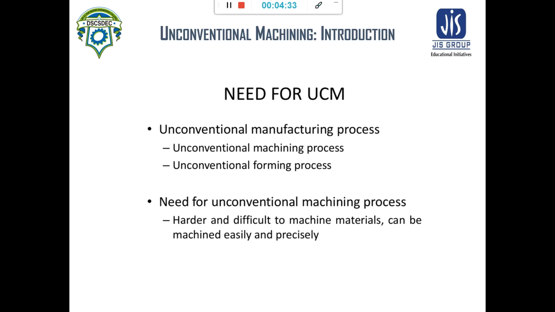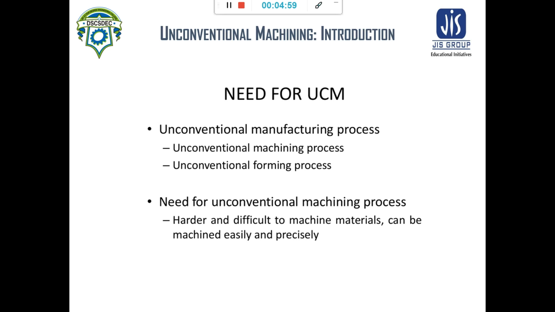For machining, indentation is important, and that indentation is only possible if the indenter is harder than the workpiece material. So the indenter should be harder.